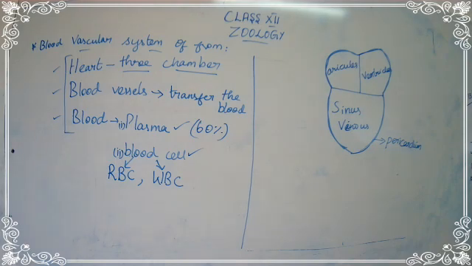Okay, and the wall of the heart is covered by a thin double layer. The thin double layer is called pericardium. Are you clear? Okay. Then the blood vessels help to transfer the blood all over the body.